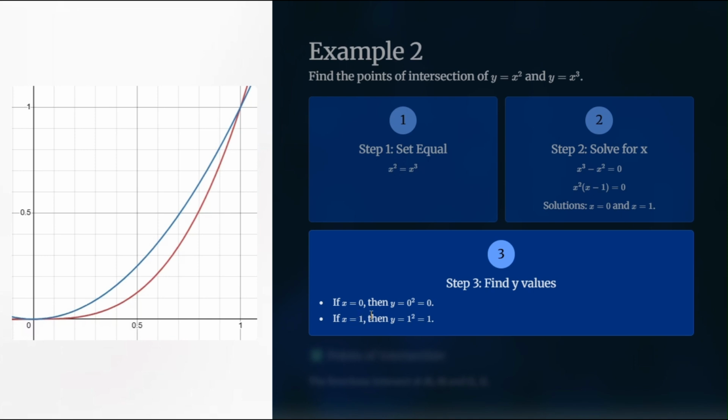So when x equals 0, then y equals 0 squared, which is 0. And if x equals 1, then y equals 1 squared, which is 1. So here are 2 points of intersection. We have (0, 0) and (1, 1). And we can clearly see from the graph that the two curves intersect at (0, 0) and (1, 1).